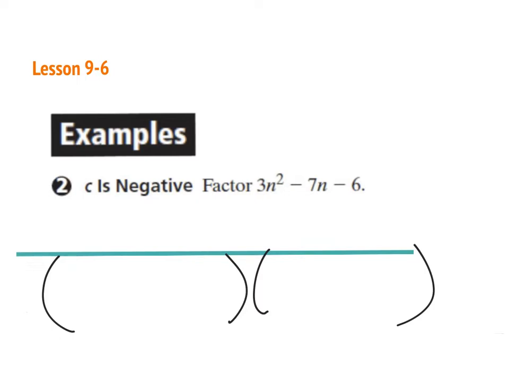I know I've got some minus signs there, so that's going to throw a wrench into some things. But in my first two terms of my binomials, no doubt I have to have the 3n and a 1n, because 3n squared is kind of prime, right?